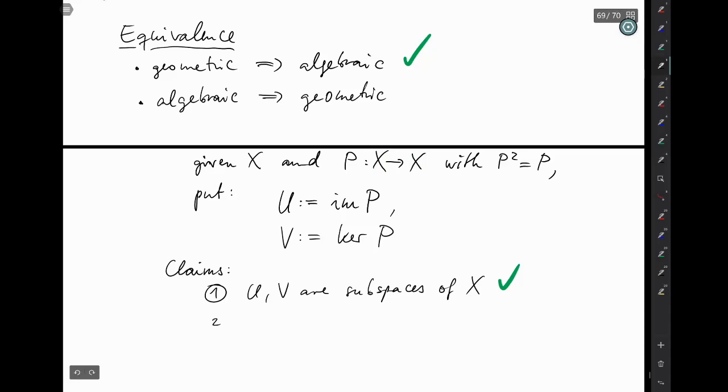And then as a second claim, U and V are complementary spaces of each other in X, which means together in a direct sum they give you the whole space X.